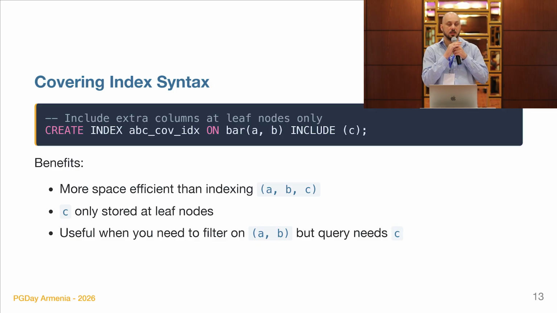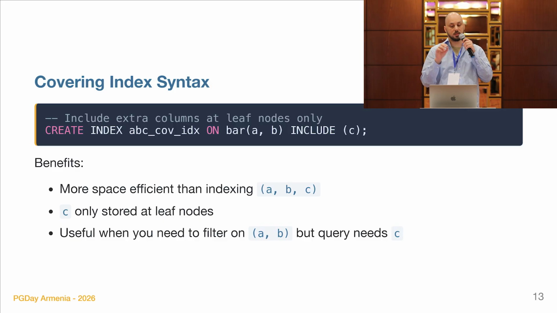Let's say I have an index on a column name, but I also want to retrieve the age, the email, and other data from some user, but I only indexed the name. I have to find the user by name on the tree and then go to the heap to fetch the other data. With this syntax, we can include the other data that's needed on the index itself.